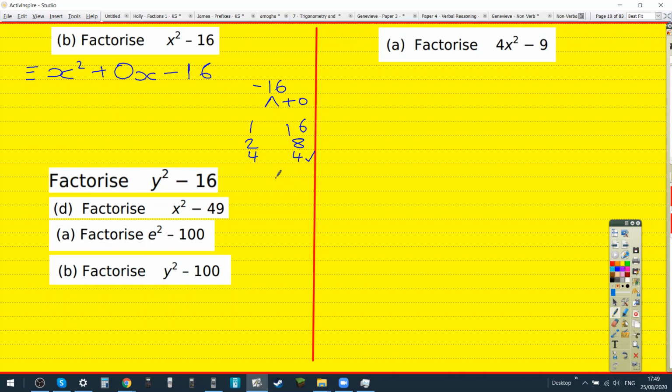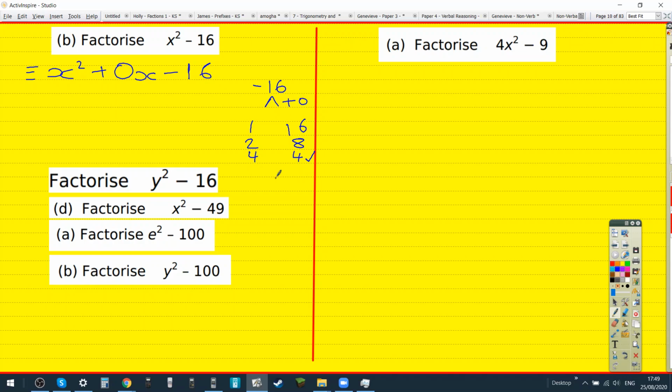So you're trying to make 0. So 4 plus 4 is 8. 4 times 4 is 16.